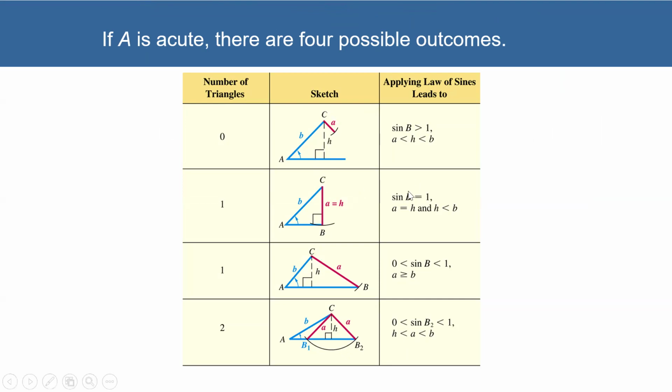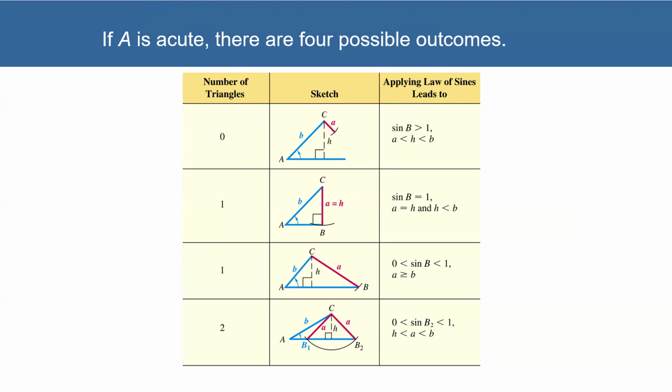If the sine of my angle B equals 1, that means it creates a right triangle, and the height is whatever side A is. The next one is an obtuse triangle.